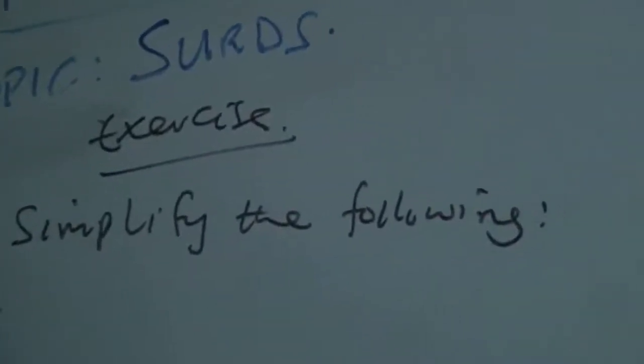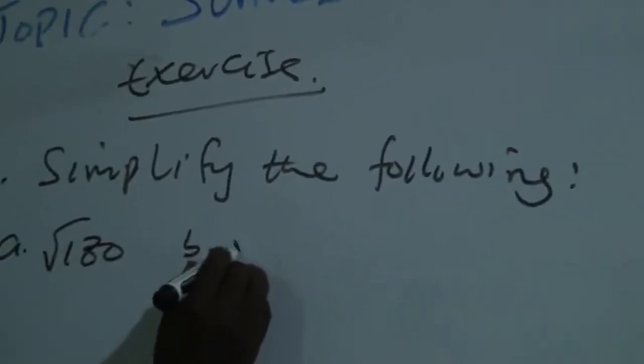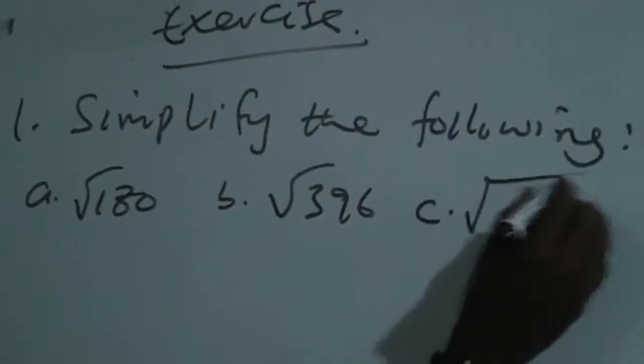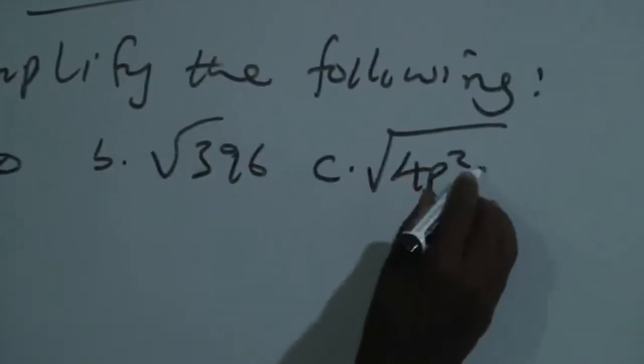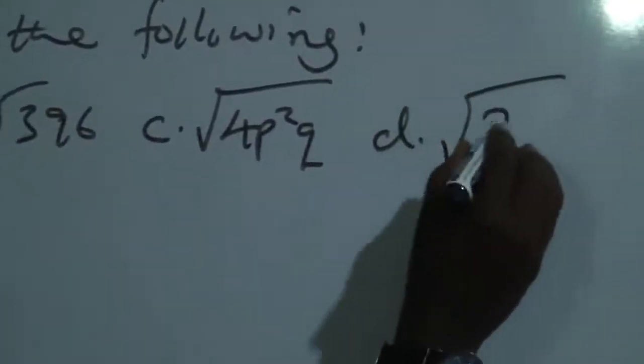A, I have √180, B, √396, C, √(4p²q), and then D, √720.